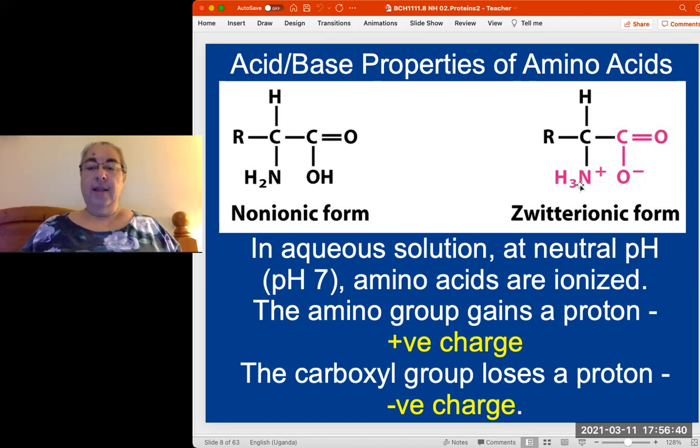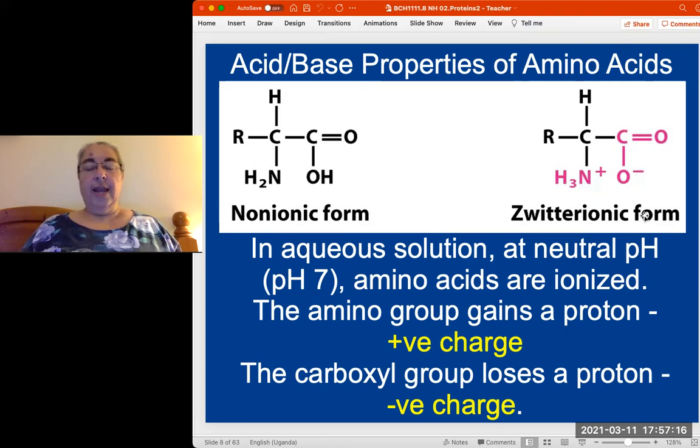Whereas here, the amino group is NH3 with a positive charge, and the carboxyl group is COO with a negative charge. And the difference, of course, is whether or not a hydrogen ion is associated with these groups or not. Here there is an extra hydrogen ion associated. Here the hydrogen ion has been lost.